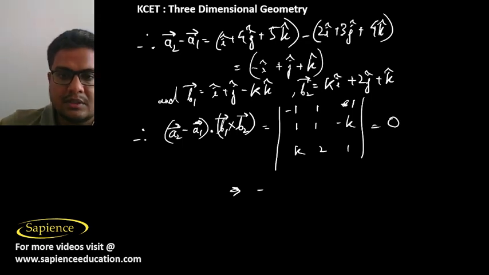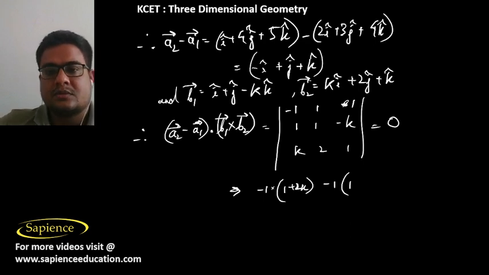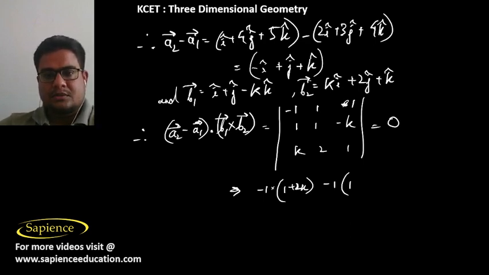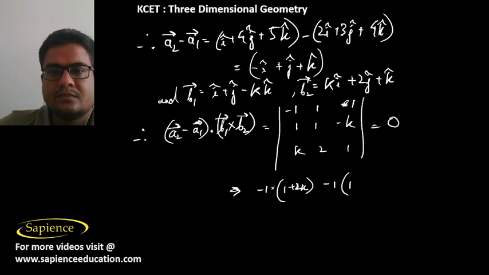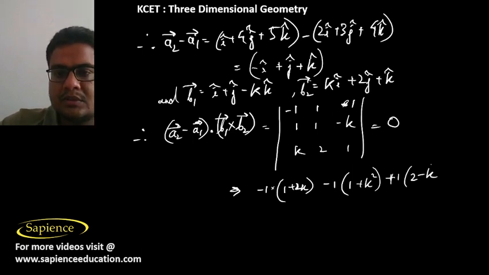Therefore from here we get minus 1 into (1 plus 2k) minus 1 into 1 minus 1 into (1 plus k square) plus 1 into (2 minus k) is equal to 0.